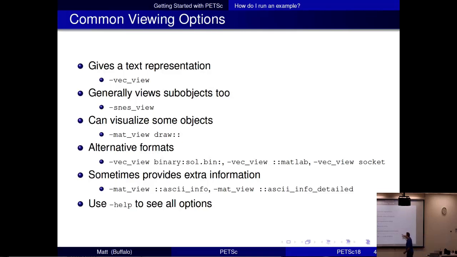If I want to debug, I can output them as ASCII, or I can draw them. But if I want to do checkpointing, I put pressure vec_view HDF5, name of HDF5 file, ::append. I can put all of these in the same HDF5 file, and then I can just point ParaView at the HDF5 file, and I can look at them.